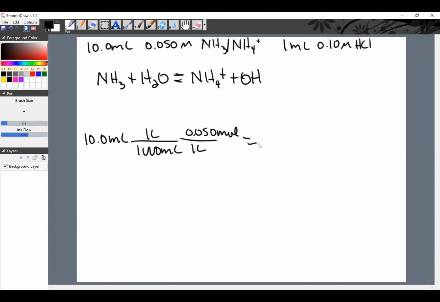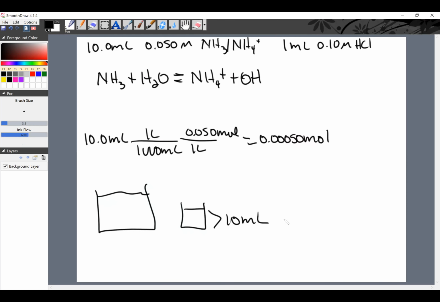Here's my total. When I pull out 10 milliliters, I didn't pull out all the moles I started with.